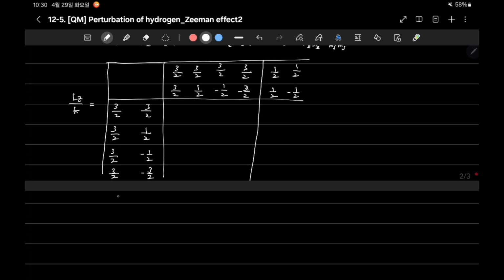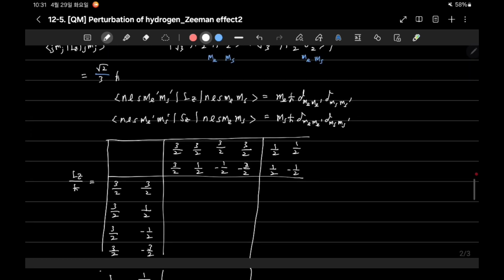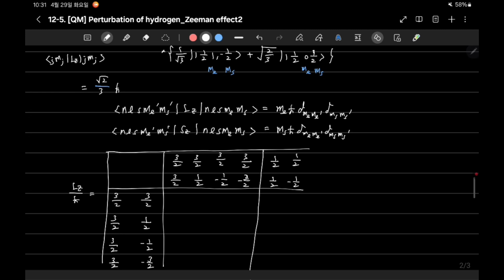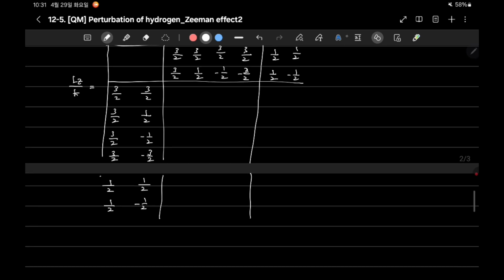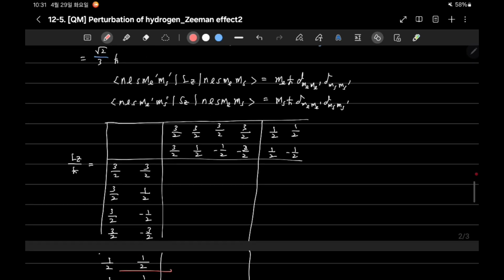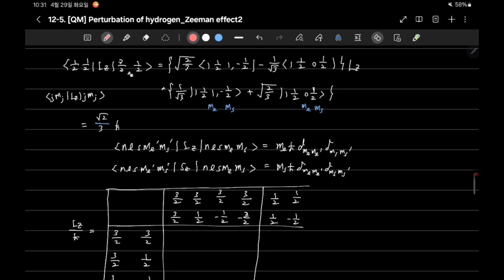Then also, in the case of 1/2 and minus 1/2. Then here, for example, the 1/2 for 1/2 is this line, and the 3/2 for 1/2 is this line.